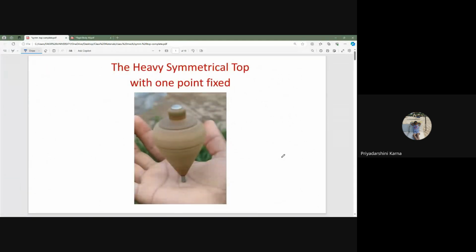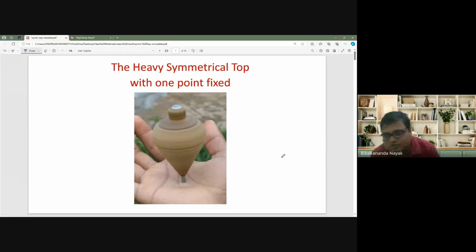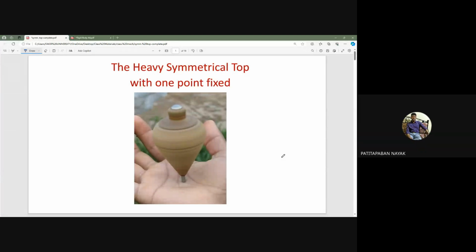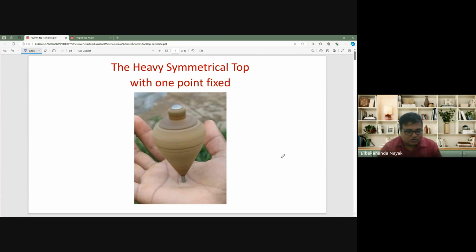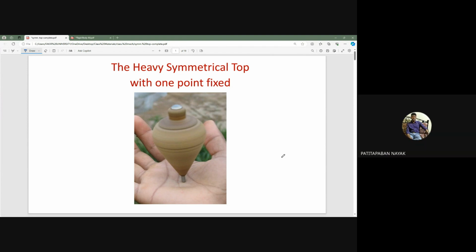Any doubt? Hello? No, sir. Actually, what syllabus was given at that time, I don't see that rigid body was written. Sir, I just saw now that paper 4, block 4, rigid body is there.